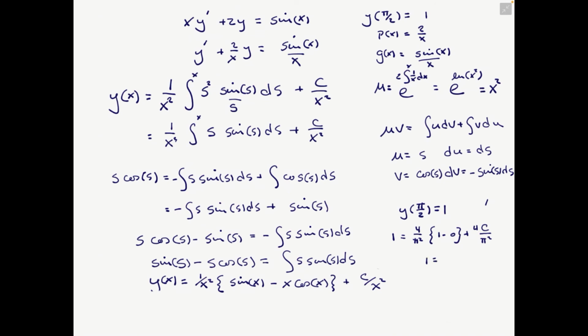Maybe I was too hasty. Times 1 plus c, so that would be pi squared on 4, right?